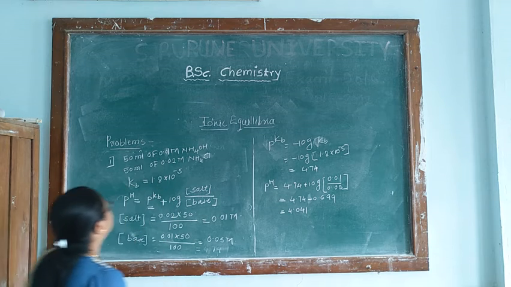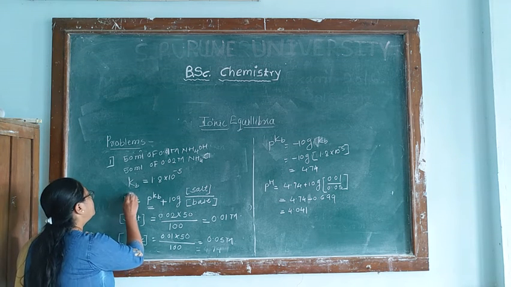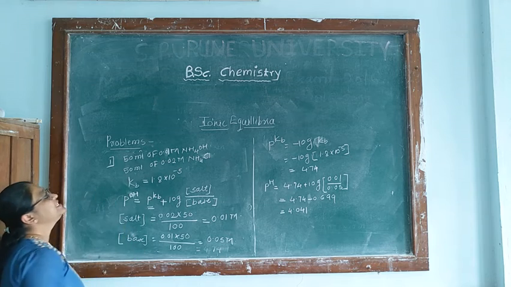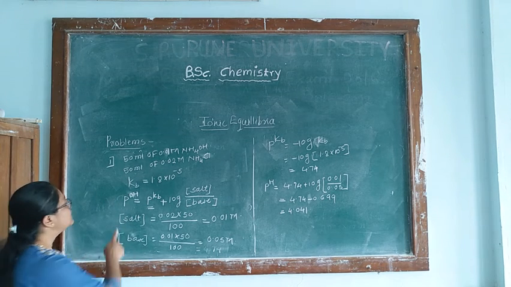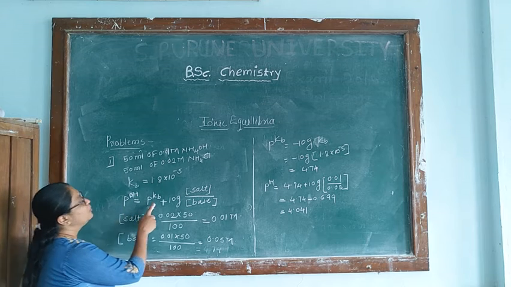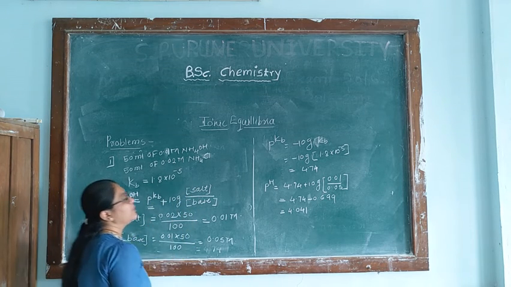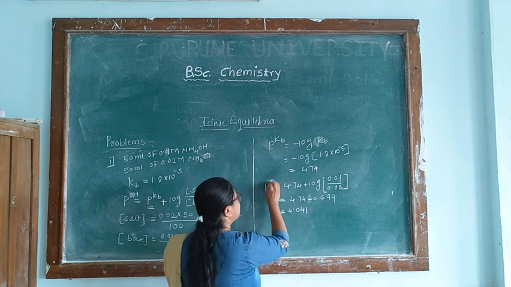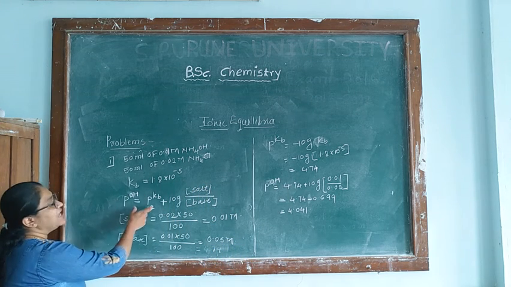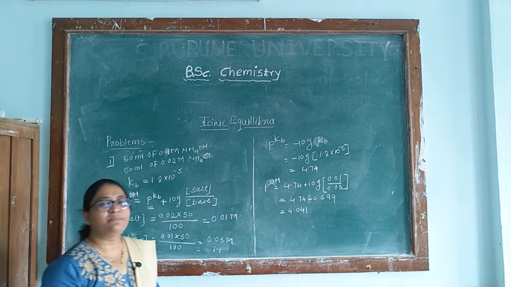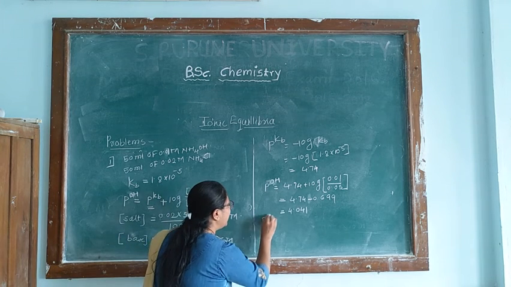Okay. Actually, this is the basic buffer. So this is the formula not of pH, but of pOH. The formula for the basic buffer to calculate pOH is pOH is equal to pKb plus log of concentration of salt divided by concentration of the base. So what we have got is pOH and not pH.